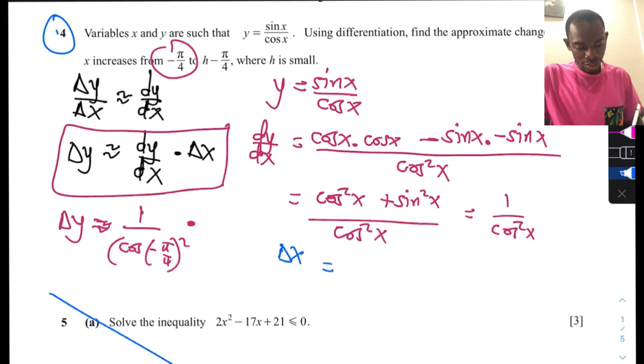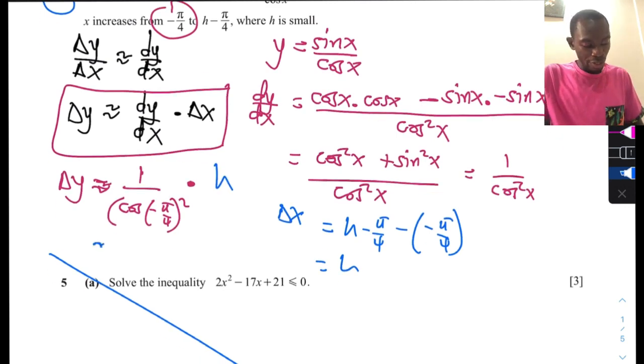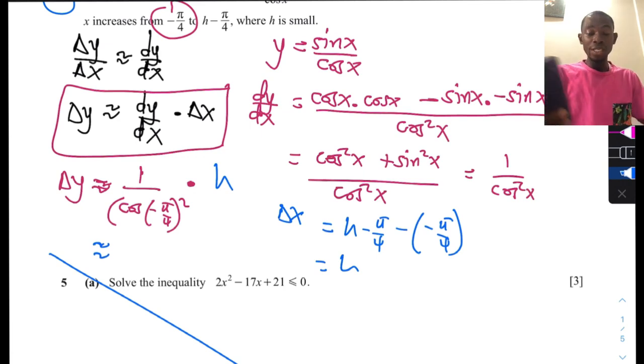Change in x is the final value, which is this, minus the beginning, and this will give you h. So you have h there. So when I put everything on the calculator, basically you keep the h and then just do 1 over cos.